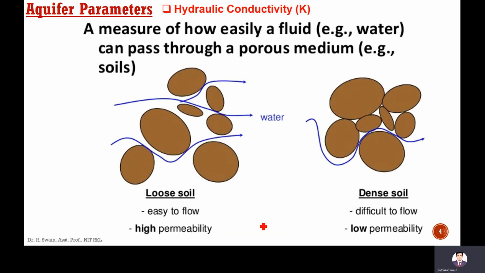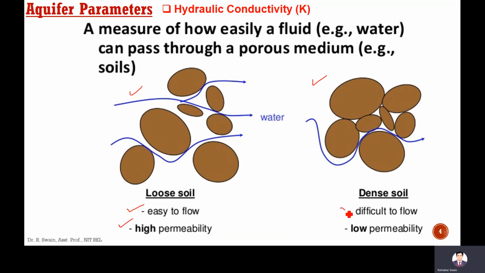Hydraulic conductivity, as the name suggests, means how easily a fluid can pass through a porous medium. You can see here the loose soil and the hard dense soil. If the soil is loose, it will be easy to flow and the permeability will be very high.